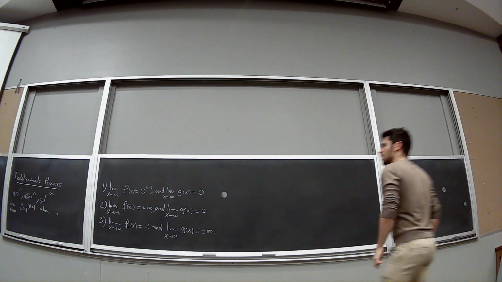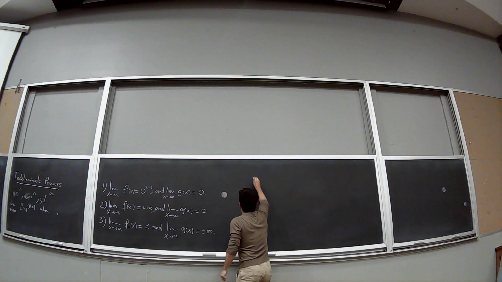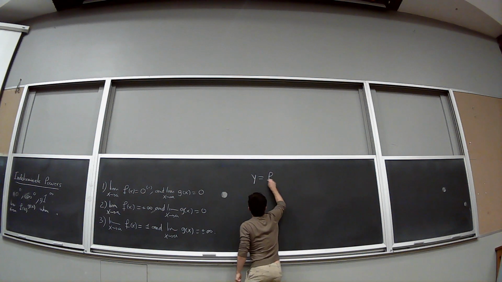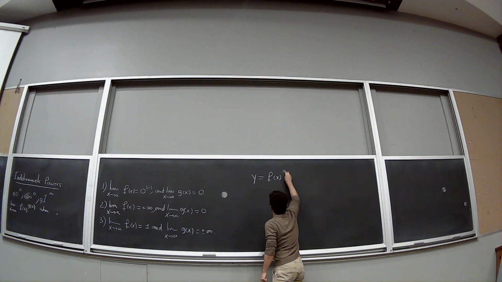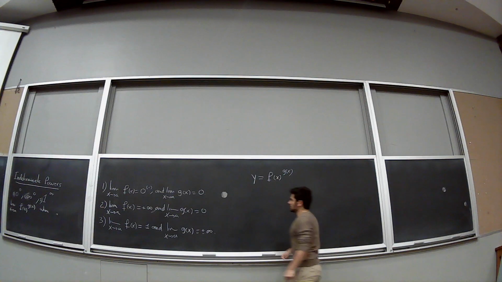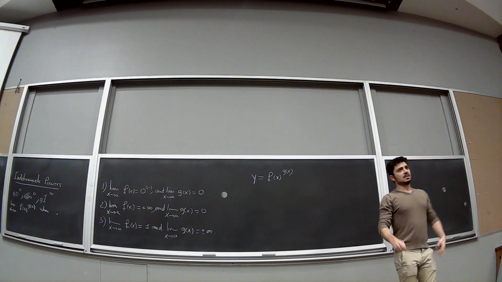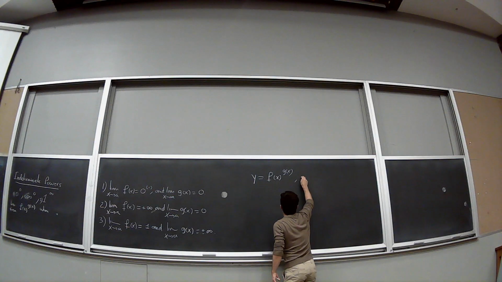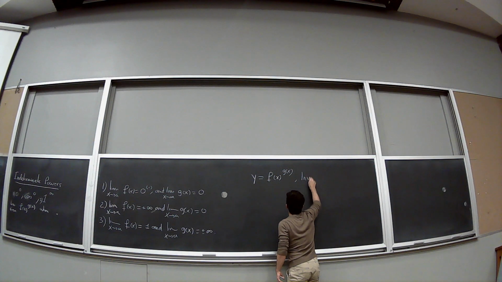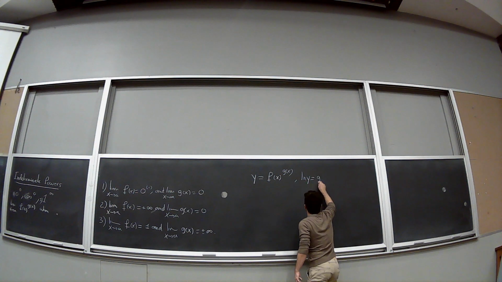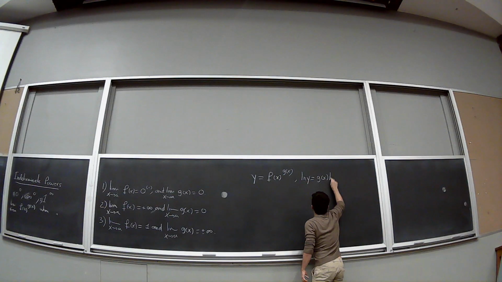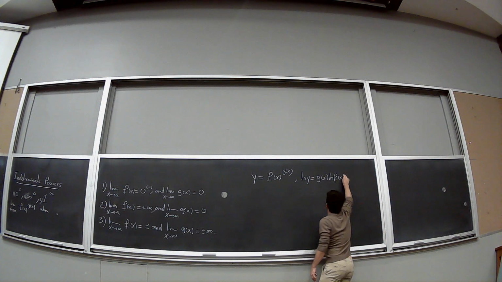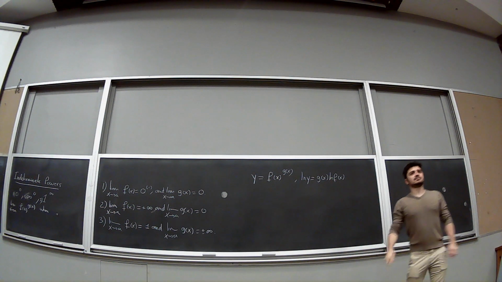At first they came out of nowhere, but let me write y as f of x to the g of x. And what's a good thing to try here? To get rid of the power, I can introduce a ln. So ln of y is g of x ln of f of x.